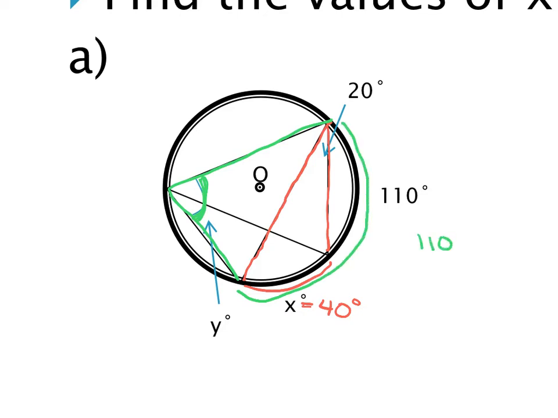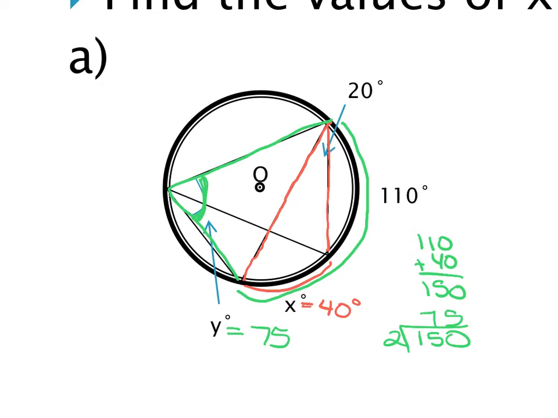So 110 plus 40. So that entire arc for angle y is 150. And then to find the angle measure, divide that by 2. And angle y equals 75.